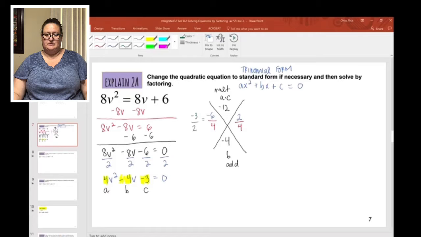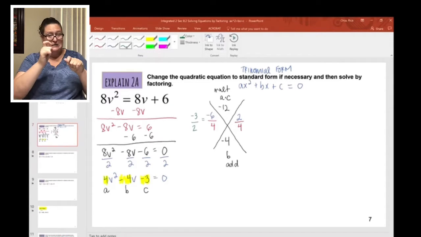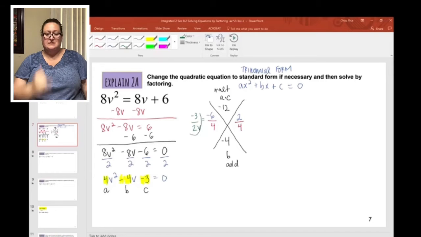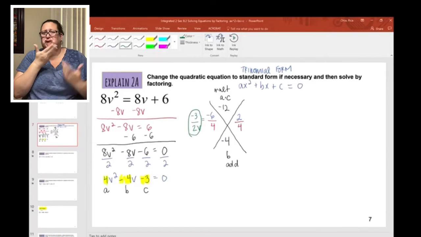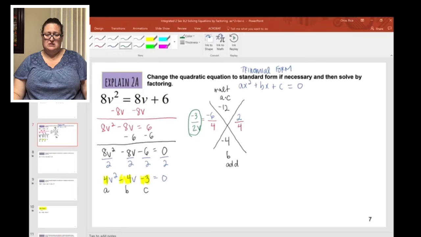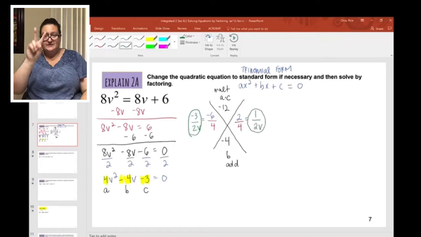Let's put our variable at the bottom. We no longer have x's, we have v's instead, which is okay. If you feel comfortable with x, go ahead and write x. We also have 2/4. 2 and 4 are both divisible by 2. 2 divided by 2 is 1, and 4 divided by 2 is 2. Write the variable, and we're almost done.